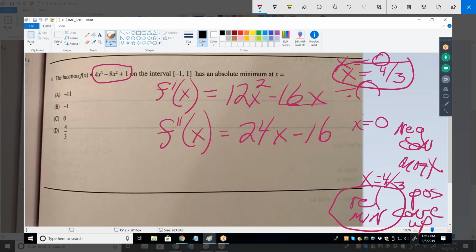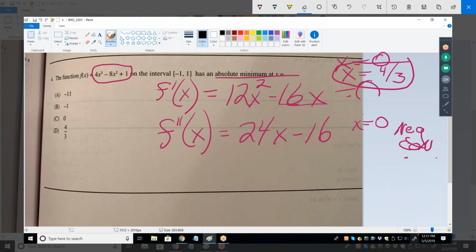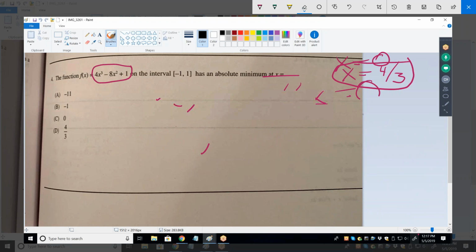So now how do we tell whether it's an absolute minimum? We check the endpoints. Okay. On which function? On the second derivative? No, on the original function. Remember that they are asking you about a minimum on this original cubic function.